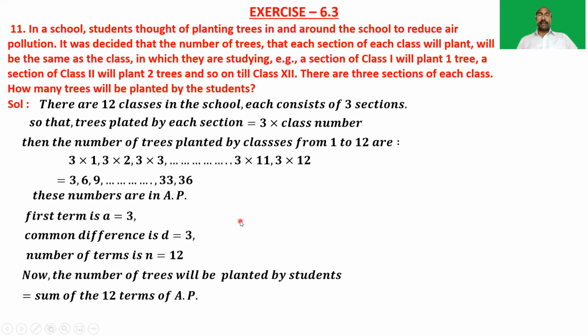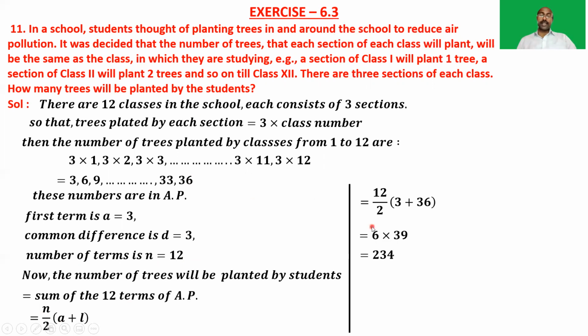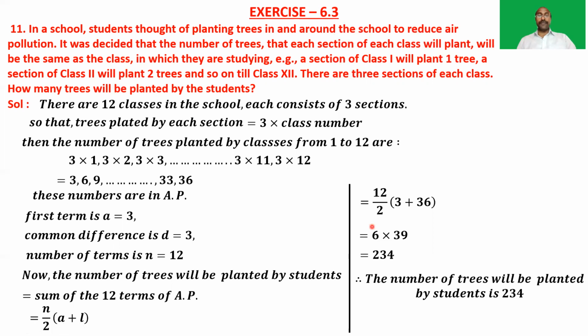We know that the sum of n terms is n by 2 into (a plus l). So n is 12, a is 3, and the last term l is 36. So 12 by 2 into (3 plus 36), that is 6 into 39, which equals 234. So the number of trees planted by students is 234.